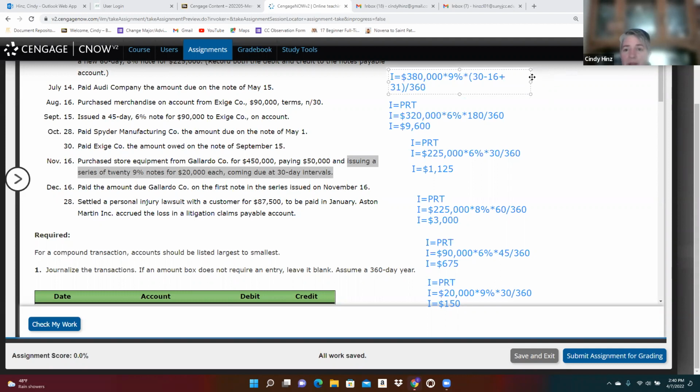And we need to express that as a portion of a year. So same formula. The only thing that wasn't as clear to us that we had to calculate was how many days since those notes were originally issued. And that is 14, so it's a total of 45 days.